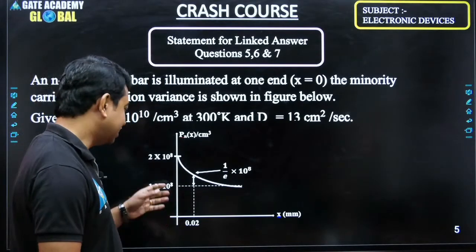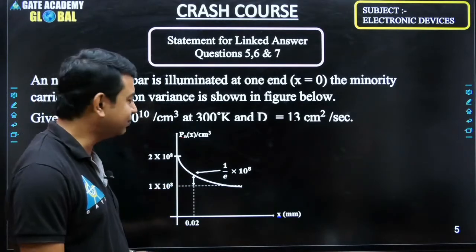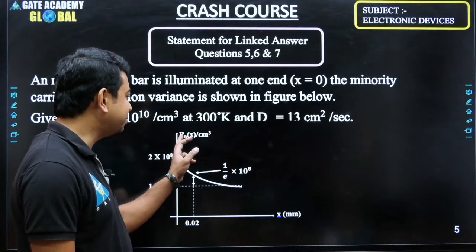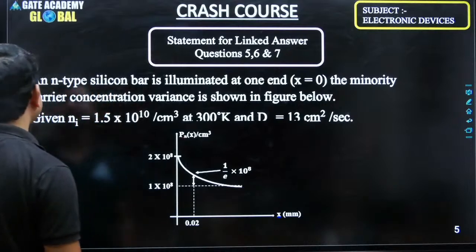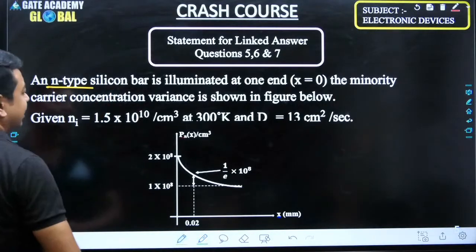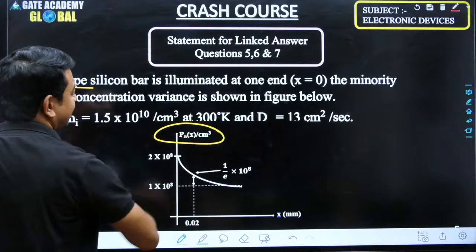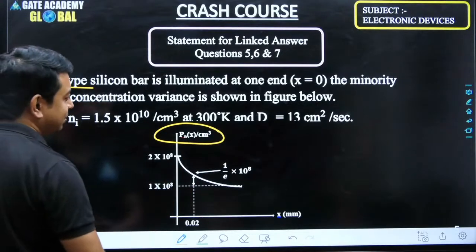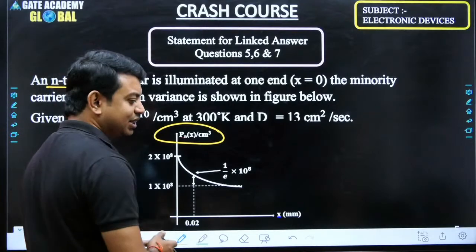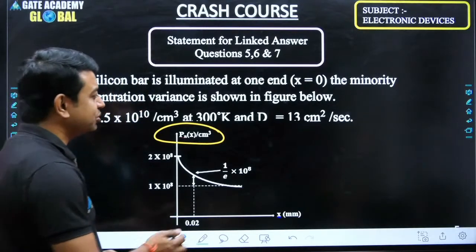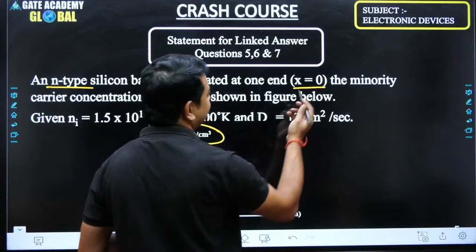Now this is the graph. This is Pn of x, the minority carrier concentration, because the semiconductor is of n type, written here as Pn of x per centimeter cube. The bar is illuminated at x equal to 0, which means it is illuminated at only one end.